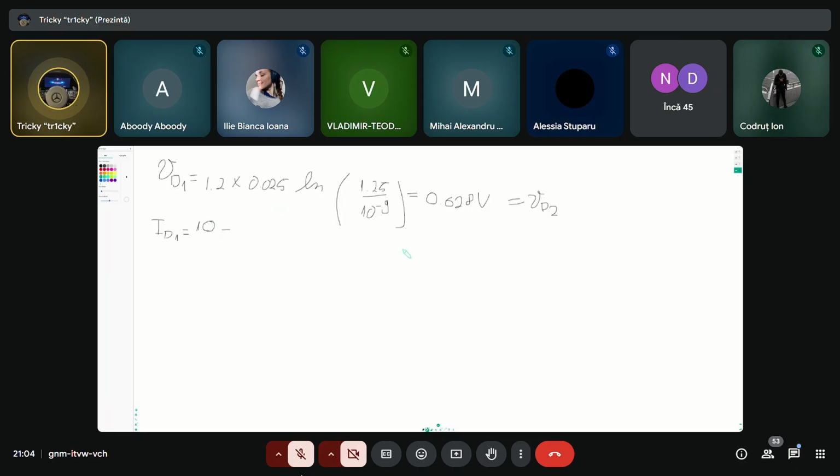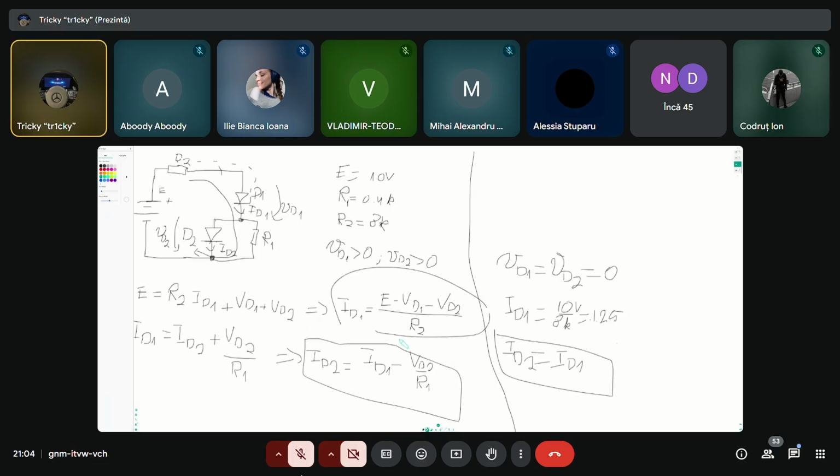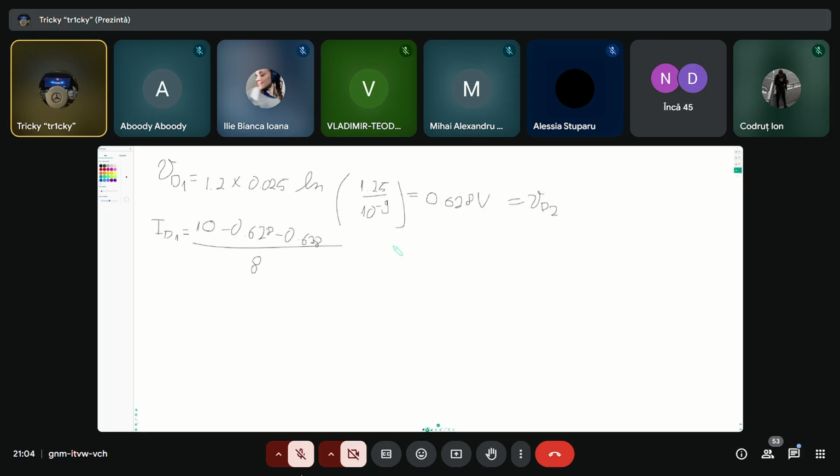Minus 0.628 minus 0.628 divided by R2, which is 8 kilo. So this is going to be equal to 10 minus 0.628 divided by 8, 1.093 milliamps.